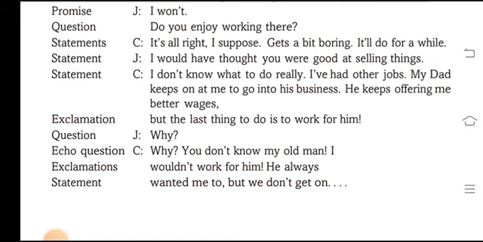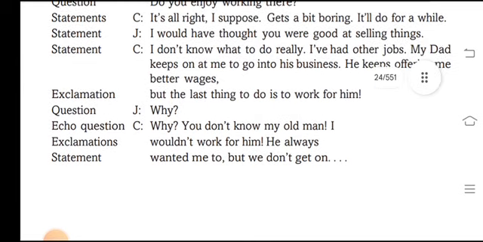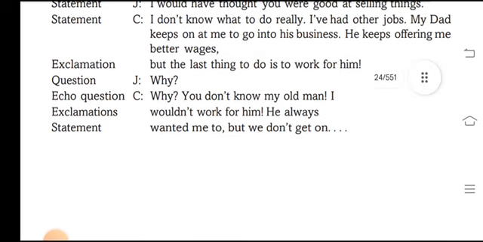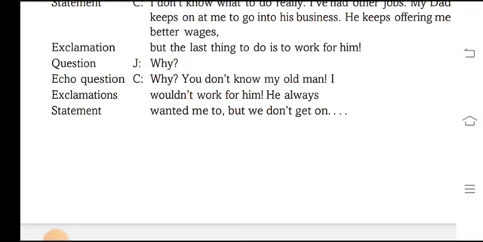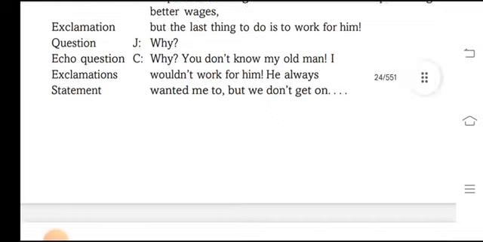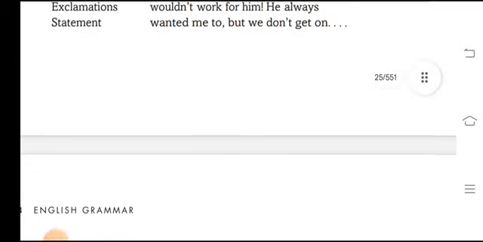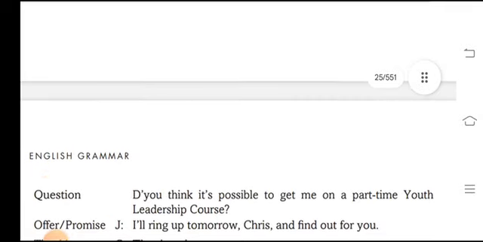I have had other jobs, and my dad keeps on at me to go into his business and keeps offering me better pay. Exclamation: But the last thing to do is to work for him! Question: Why don't you? Exclamation: Now my old man, I wouldn't work for him. Statement: He always wanted me to, but we don't get on.